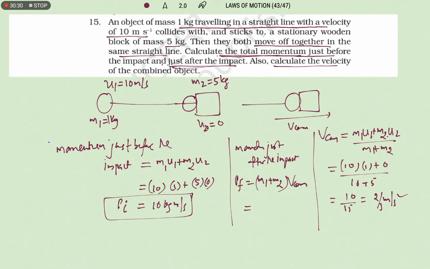So m1 plus m2, 10 plus 5, into 2 by 3. So 15 into 2 by 3 is 10 kg meter per second, the final momentum of the system just after the impact.